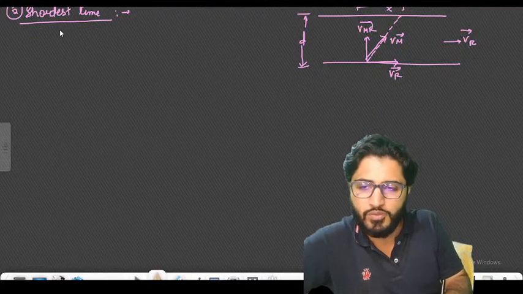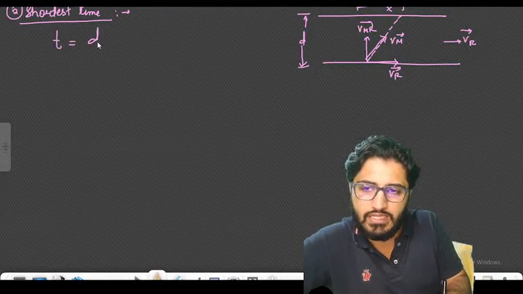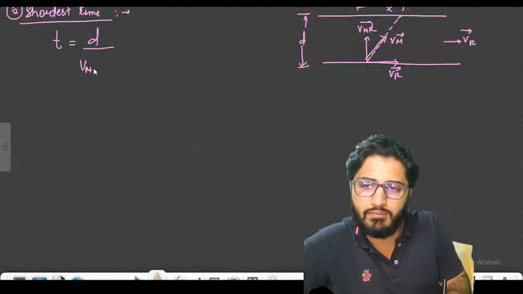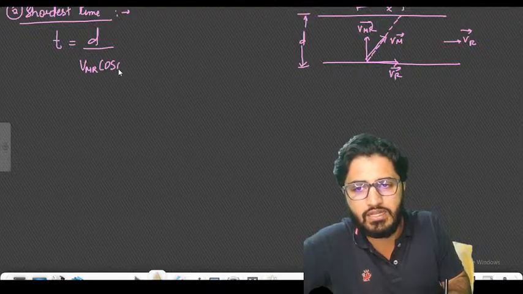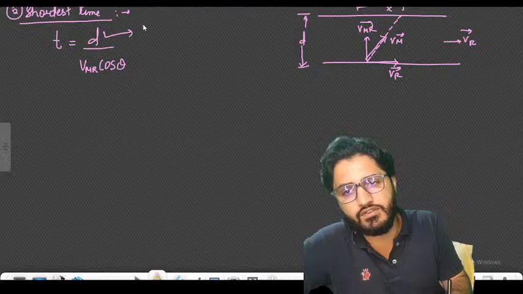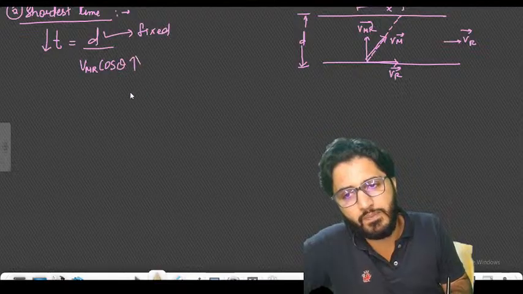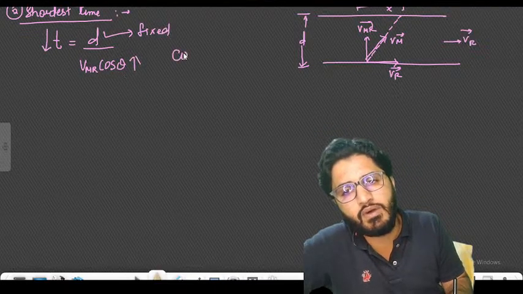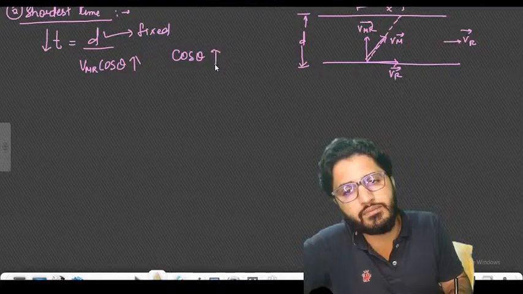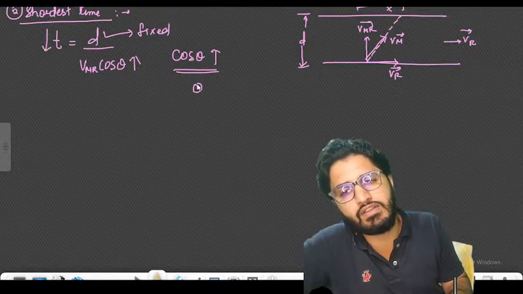Okay. So my time was d divided by VMR cos theta. If d is fixed, now t needs to be minimum, so the denominator should be maximum. How to be maximum? My cos theta should be maximum, and cos theta is maximum when theta is 0 degree.